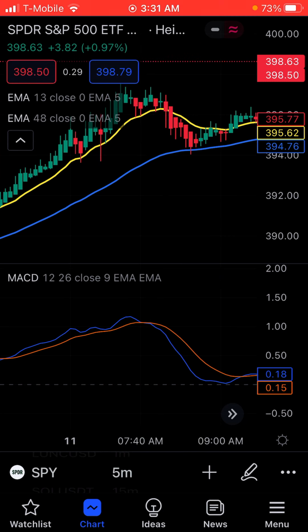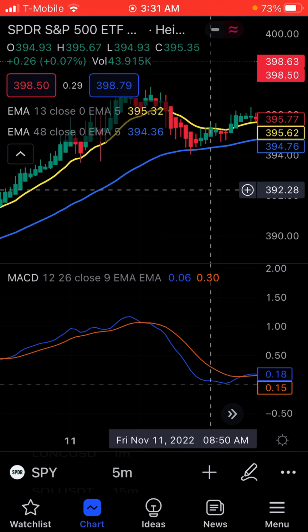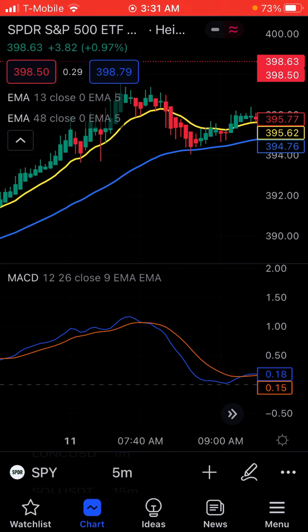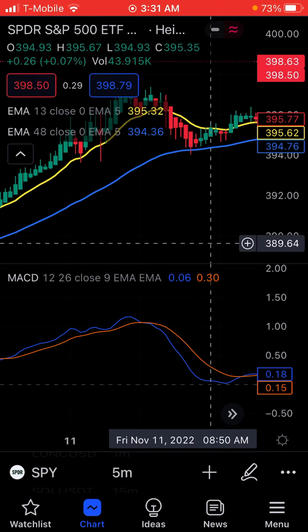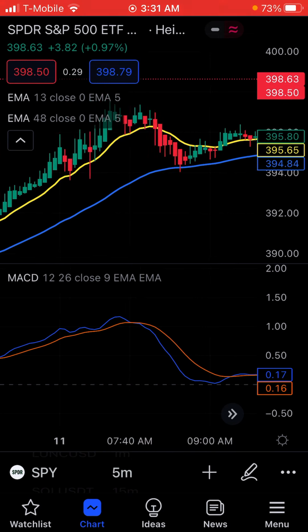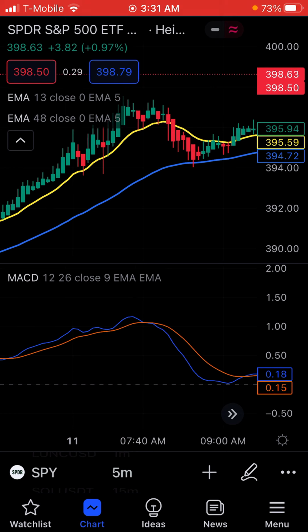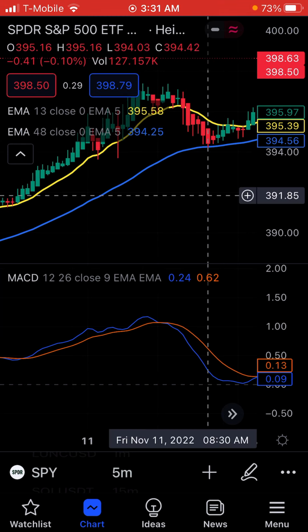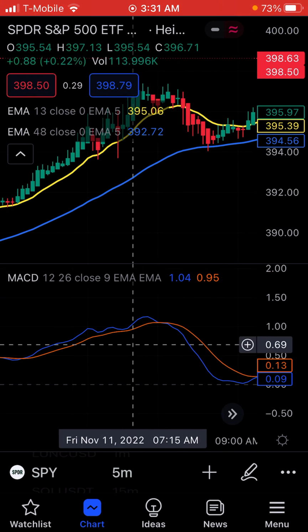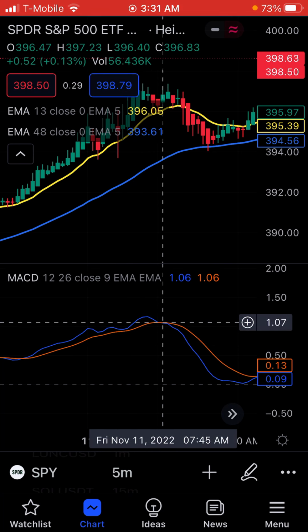Sometimes the MACD can be wrong too, because if you look at it right here, am I still on the 11th? Yeah. I'll tell you the two things you need to look for in order to be really successful with this, and it's something I didn't listen to yesterday. It's going to cross, and you can look for the confirmation in the MACD.